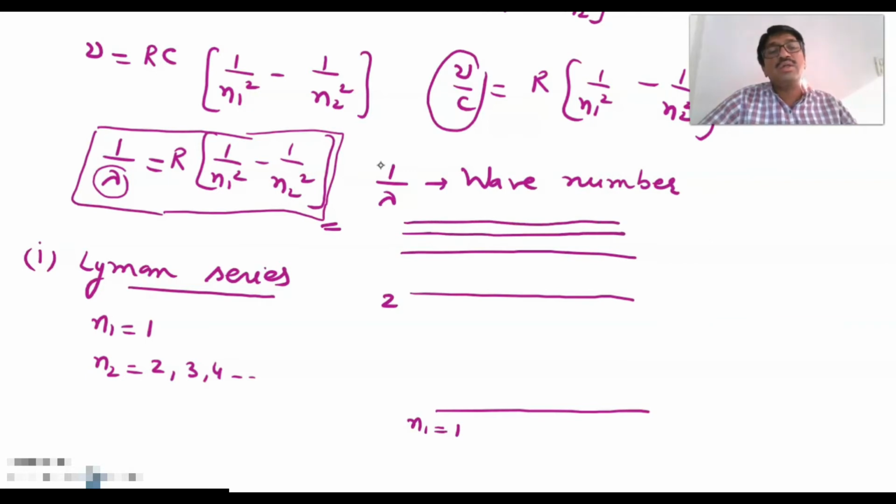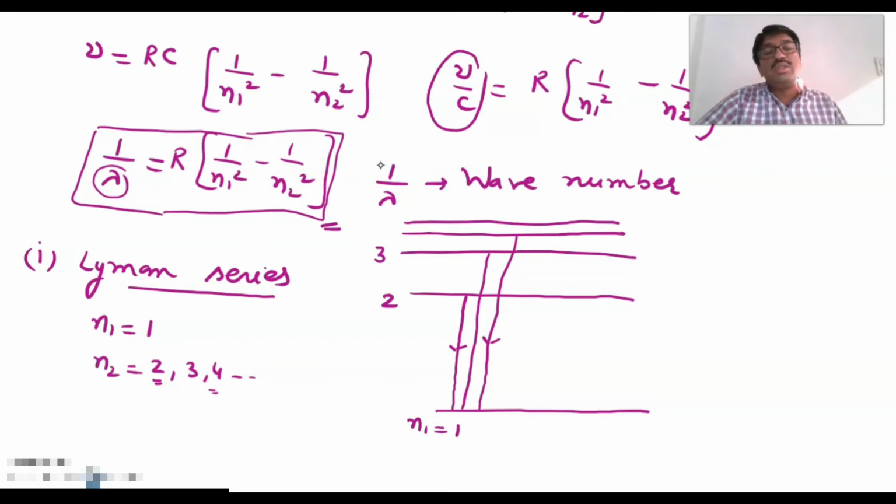N1 is 1 and N2 is 2, means atom is transited from level 2 to 1. If we take N2 3, it means atom is transited from 3 to 1, and if we take N2 4, then atom is transited from level 4.